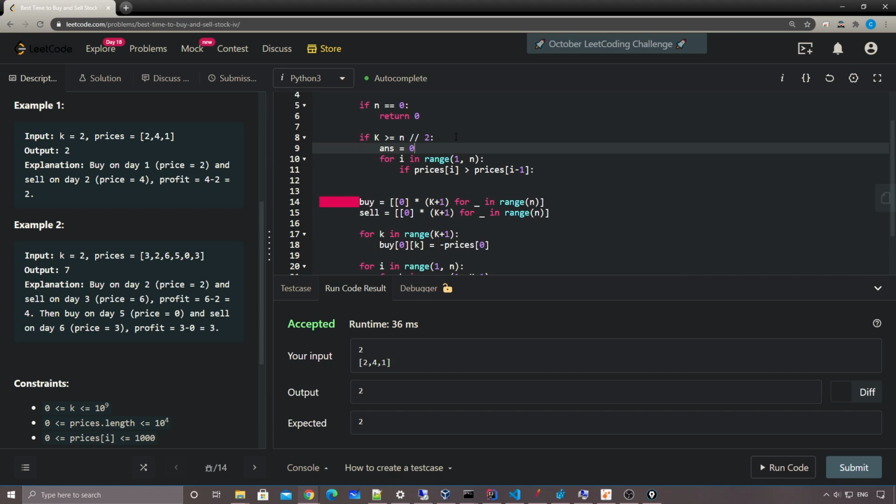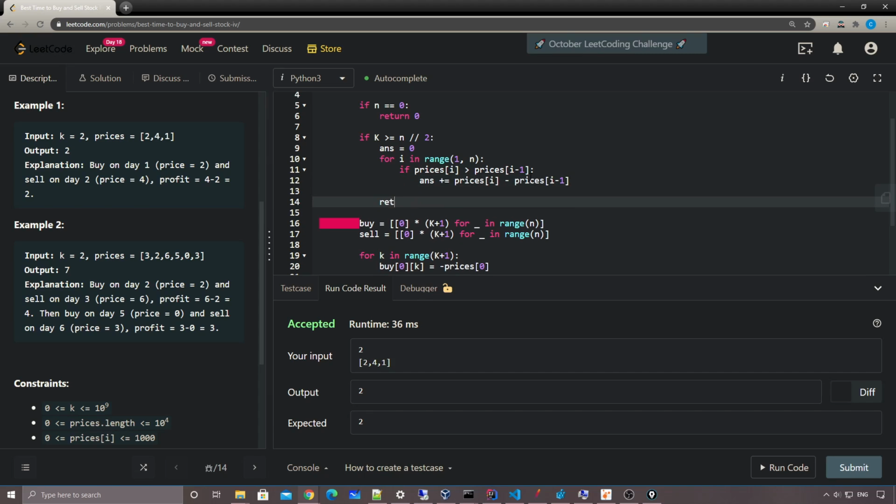Answer equal to 0. Then answer plus prices[i] minus prices[i-1]. And then we can simply return the answer here, right? So that's how we handle the case where k is greater than half of the number n here, right? And we just simply return this.